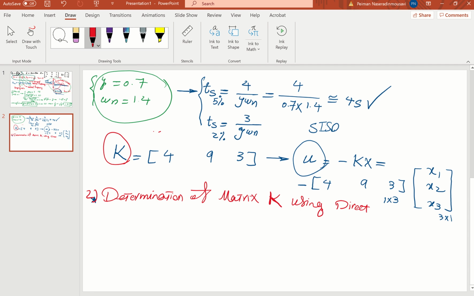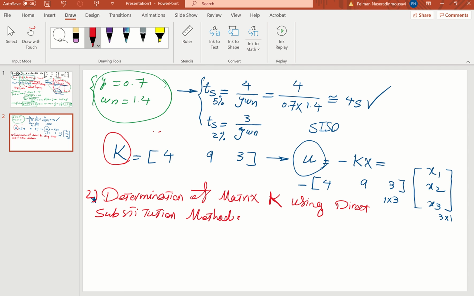First we did the direct substitution method.